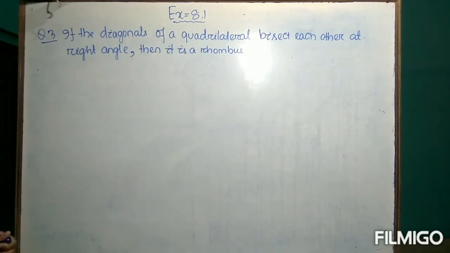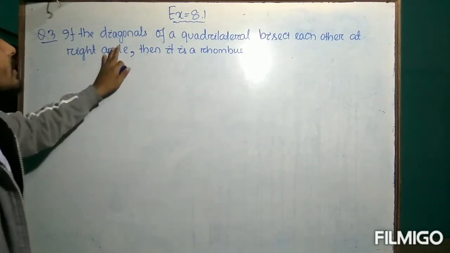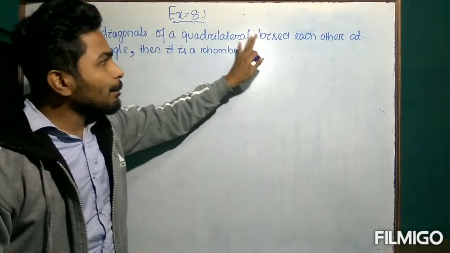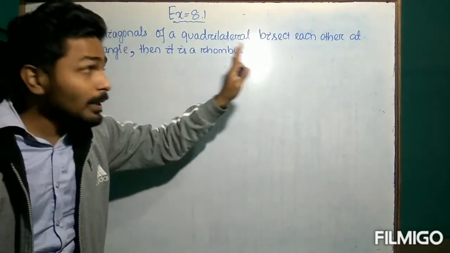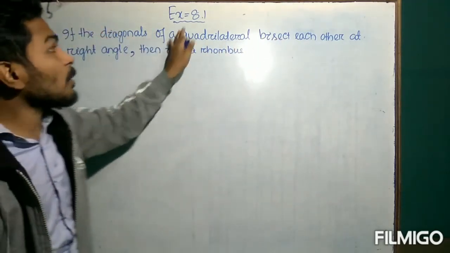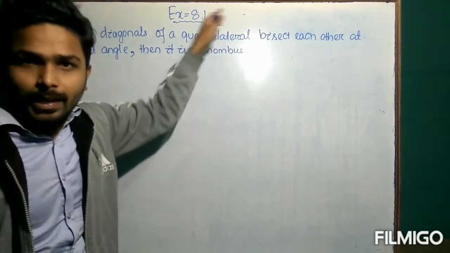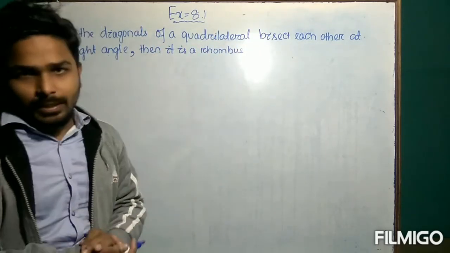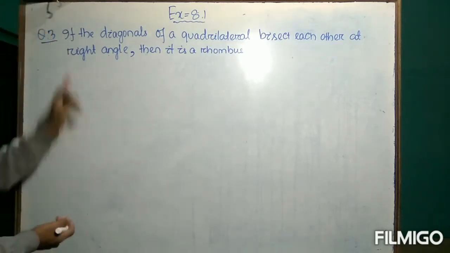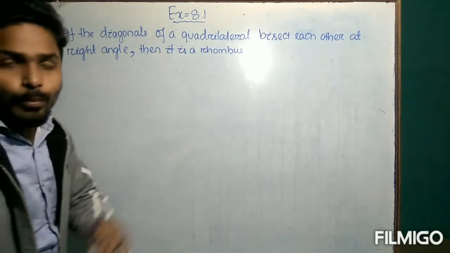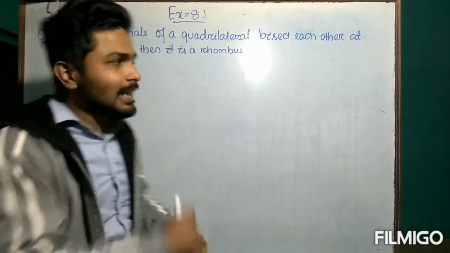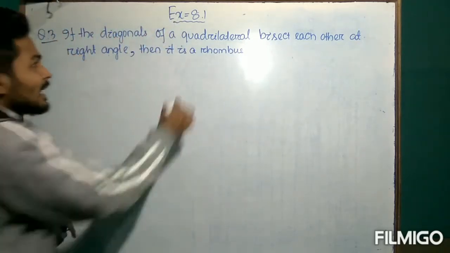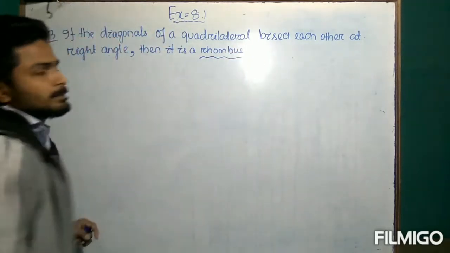According to question number 3, it is given that if the diagonals of a quadrilateral bisect each other at right angle, then that quadrilateral is a rhombus.